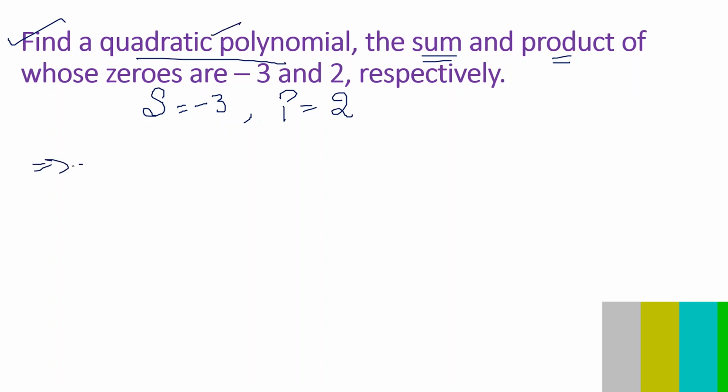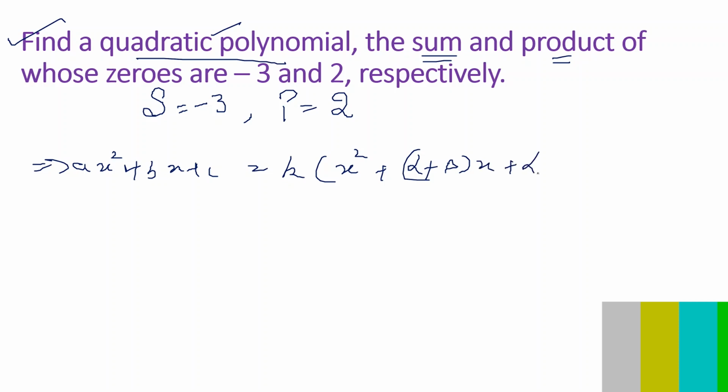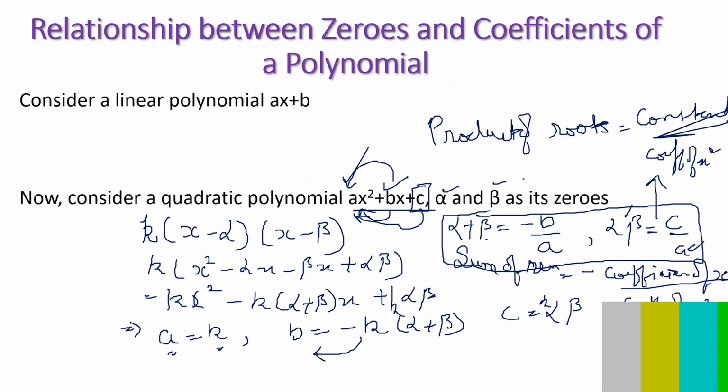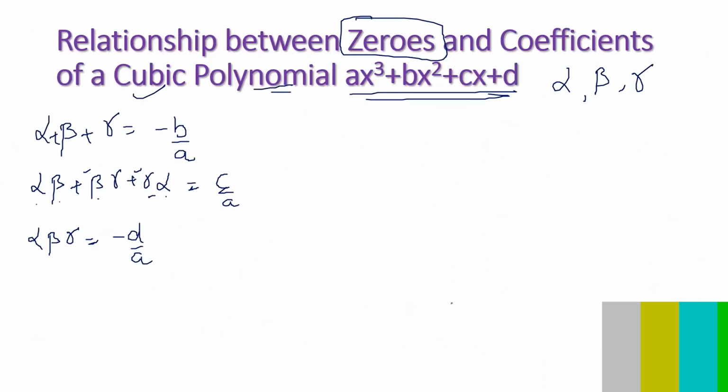As we have seen, ax square plus bx plus c is equal to k times x square minus alpha plus beta into x plus alpha into beta. We found this relation earlier, so with the help of this, we can find the quadratic polynomial if alpha and beta are given to us.